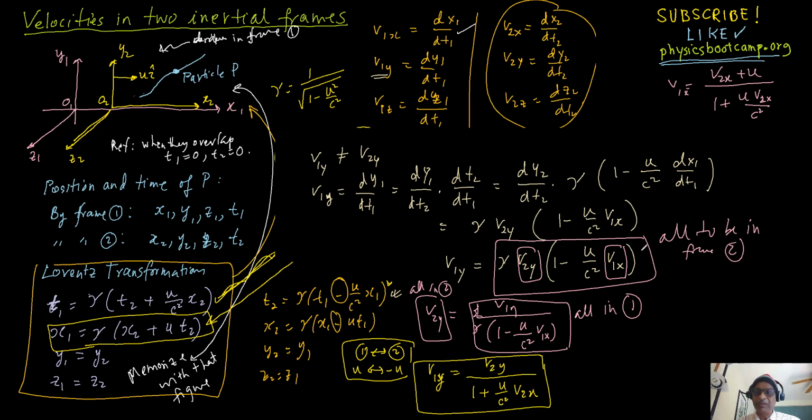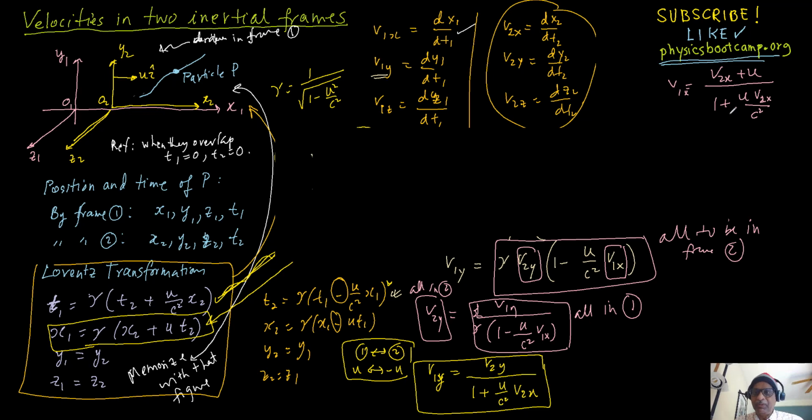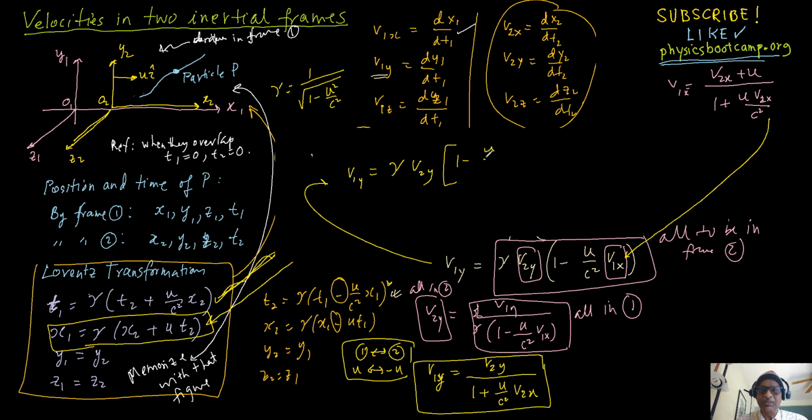Another way to do it would be a nasty way. Okay, a nasty way would be to put this guy in here, and so write v1y equals gamma v2y (1 minus, and do the whole thing, u over c square, v2x plus u over 1 plus u over c square v2x).